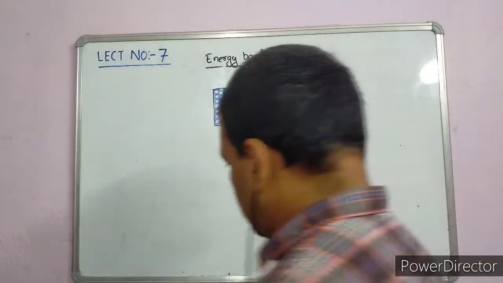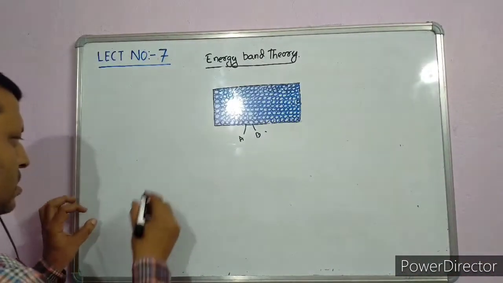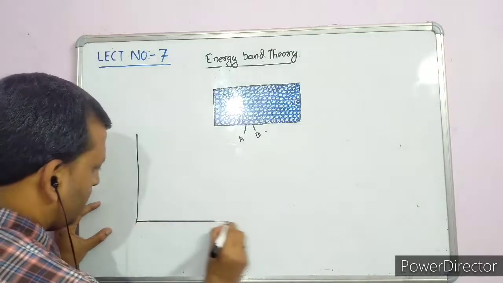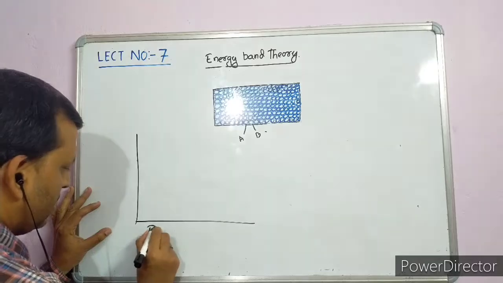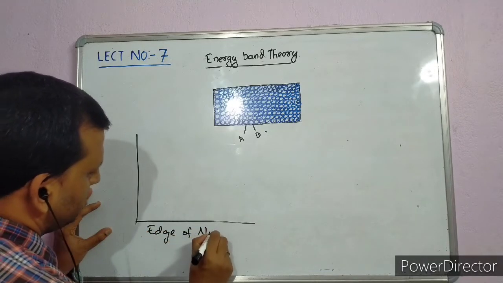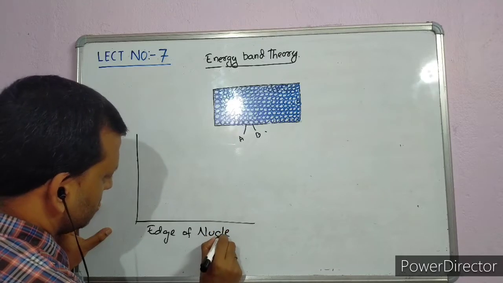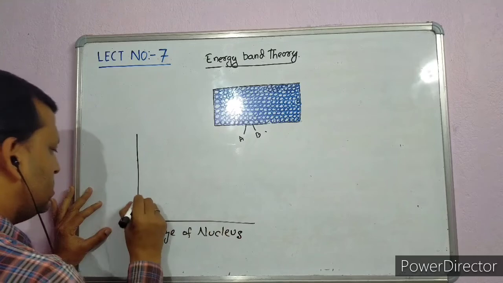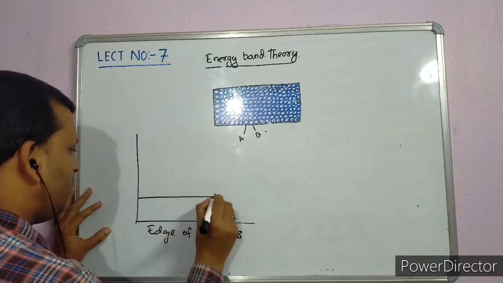If we present it in a graphical manner, we can see that. Suppose this is the edge of the nucleus, and from this edge, this is at a distance of r1.